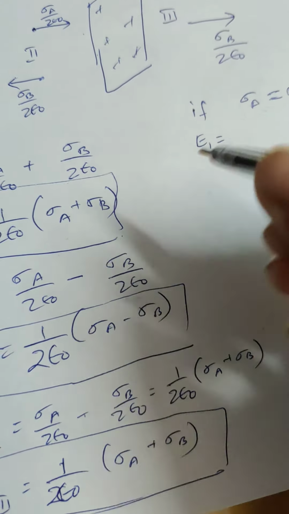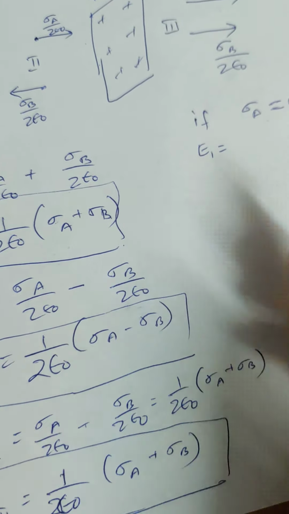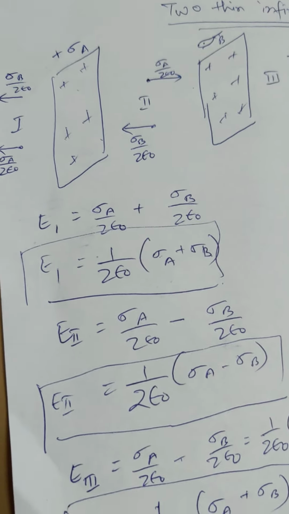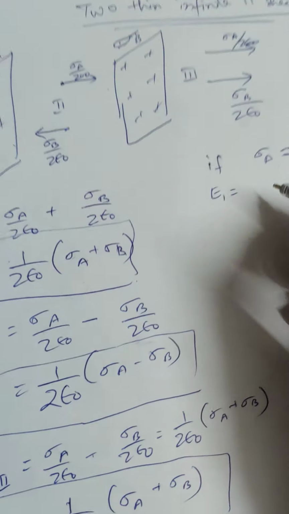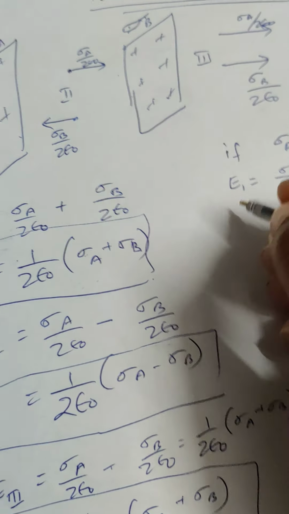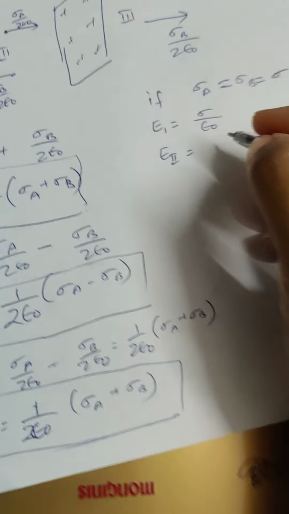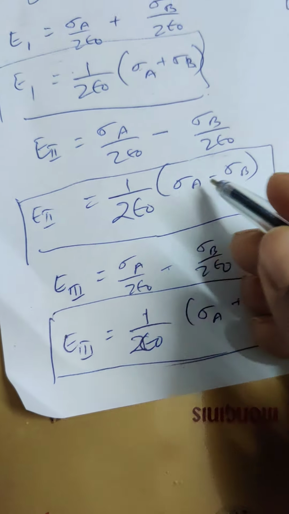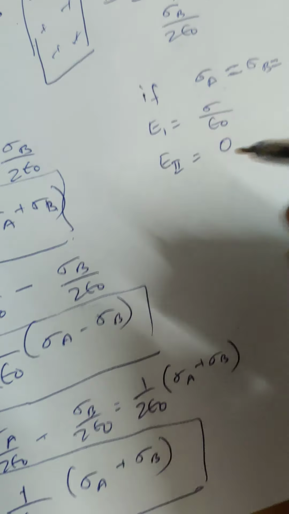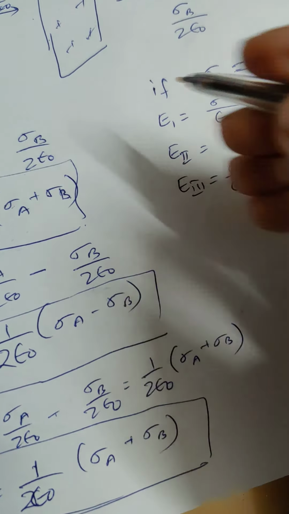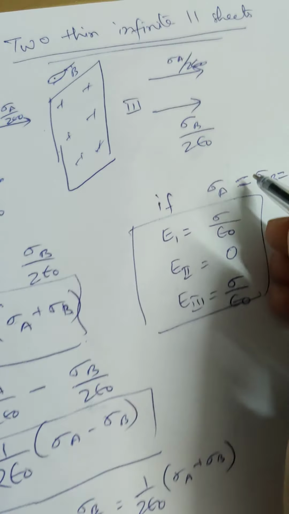Sigma A and sigma B are both equal, suppose sigma. So it will become 2 sigma, and that 2 will cancel, so you get sigma by epsilon naught. In region 2, that means this region, the electric field becomes sigma minus sigma, 0. And in region 3, again you get sigma by epsilon naught, but the direction will be different. This is for this case.